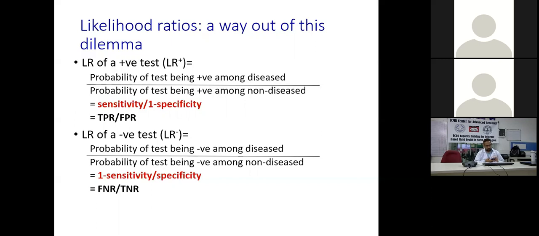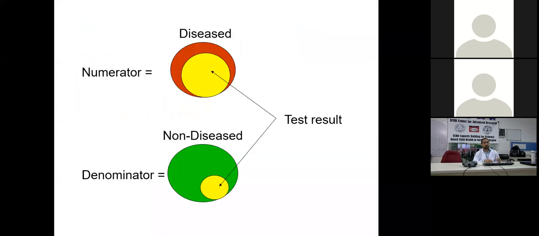The likelihood ratio of a negative test is the probability of the test being negative amongst the diseased in the numerator divided by the probability of the test being negative amongst the non-diseased. So the denominator, test being negative amongst the non-diseased, is nothing else but specificity. And the numerator is 1 minus sensitivity, or in other words, the false negative rate. So the likelihood ratio of a negative test is the false negative rate divided by the true negative rate of the test.